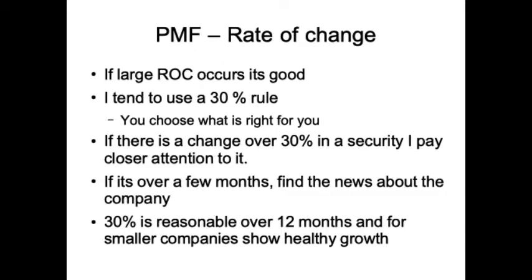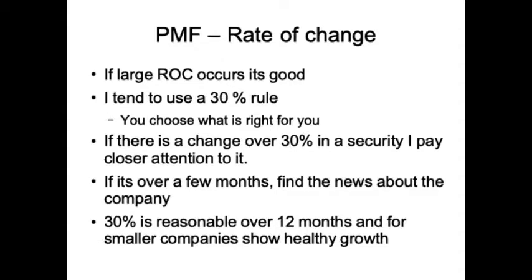Okay, if a large rate of change occurs, often it's good. I personally prefer a 30% for my investment. That fits with my pattern. You'll need to find one which fits with yours. I also use a lot of news and just general information about companies that I'm interested in. But these days I'm investing mid or long. I used to day trade, but that's not my style now.